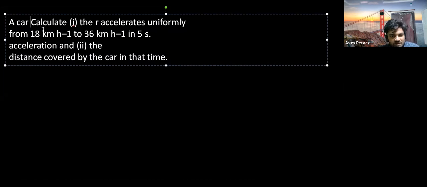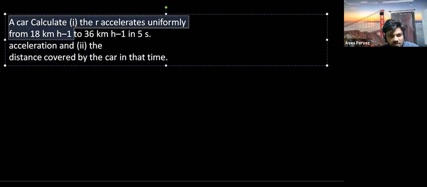A car accelerates uniformly. Some mistake has been done. Wait a minute.